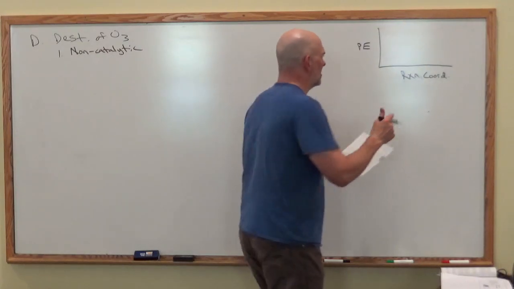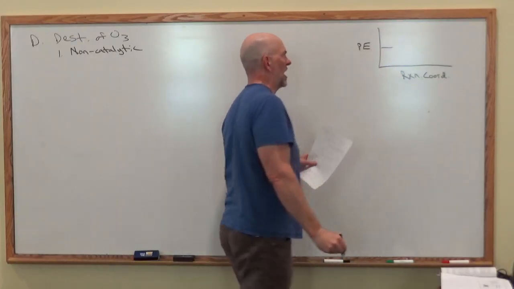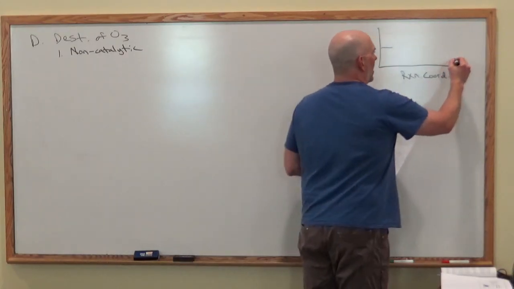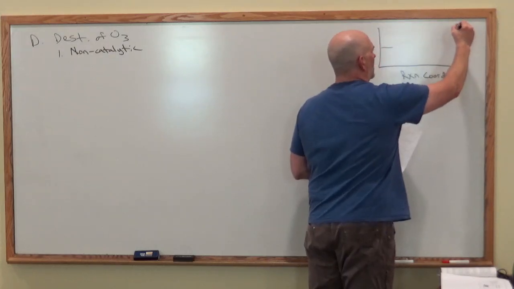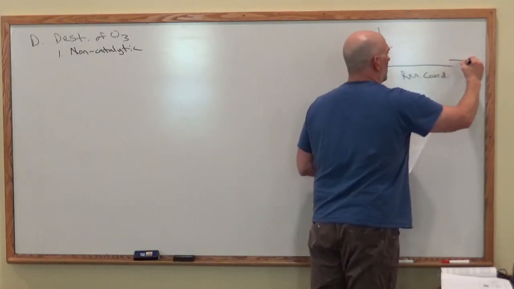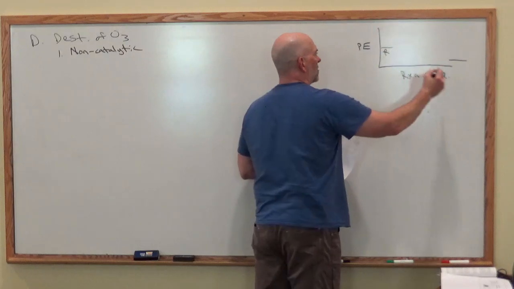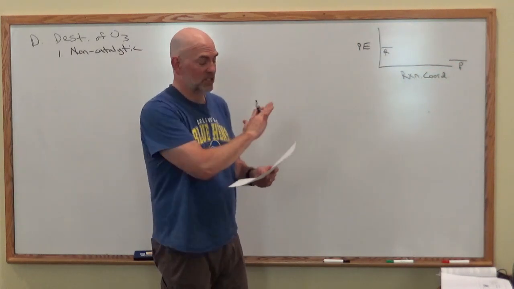So what happens is your reactants start off at a certain energy potential. And the products, well, it depends. If it's an endothermic reaction, the products end up here. If it's an exothermic reaction, which most of them are, they end up down here. So these are reactants and products. I'm just doing this in a very generic sense. This would be exothermic.